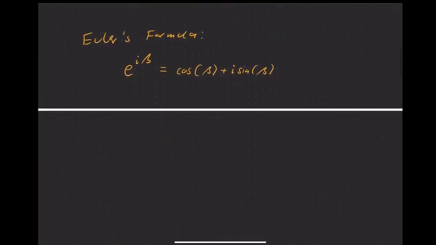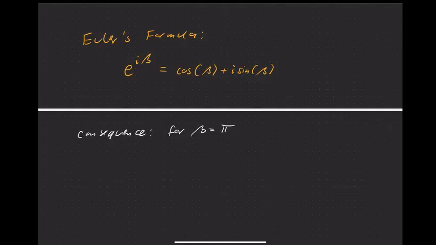Now that's basically what you have to know about the complex exponential function. There's one nice consequence of that one. And you get that if you use beta equals pi. So what happens if we use beta equals pi?